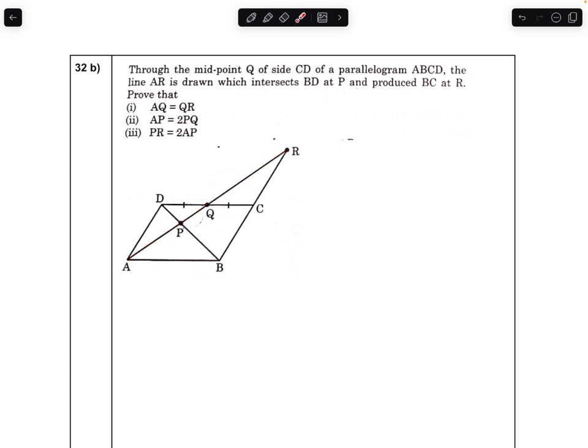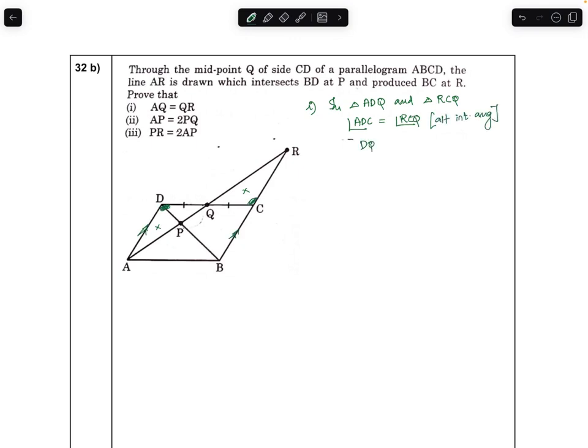The first thing that we have to prove is AQ is equal to QR, that is, this portion is equal to this portion. For that, let us consider the triangles QCR and ADQ. If we prove the congruency of these two triangles, then we can say AQ is equal to QR by CPCT. In triangle ADQ and triangle RCQ, angle ADC is equal to angle RCQ since they are the alternate interior angles.